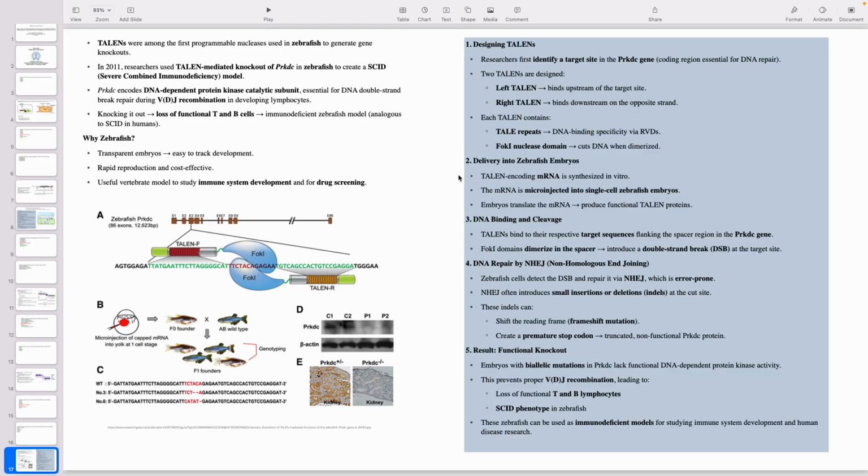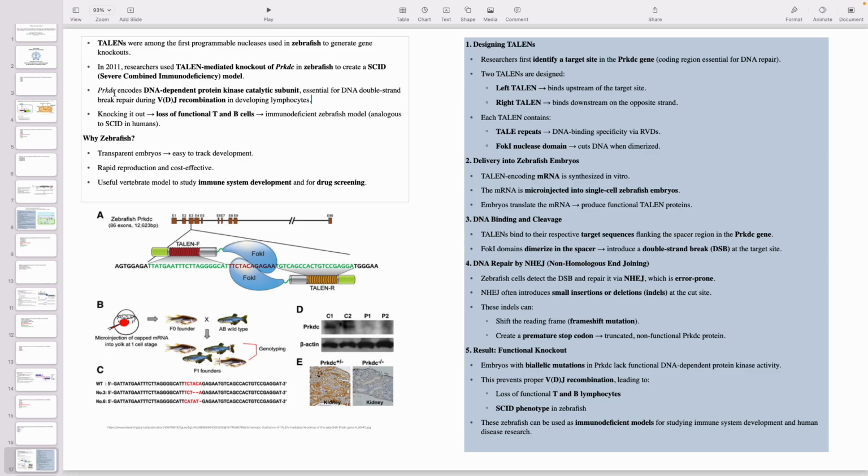Let's look into the concept. The TALEN was among the first programmable nucleases used in zebrafish to generate gene knockouts. In 2011, the researchers used TALEN-mediated knockout of PRKDC in zebrafish to create a SCID, which stands for Severe Combined Immunodeficiency Model.